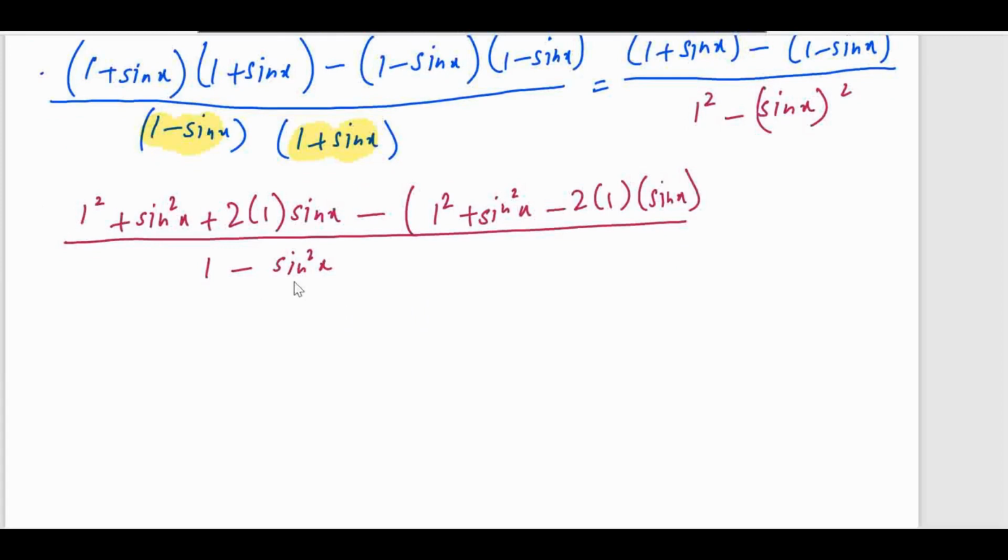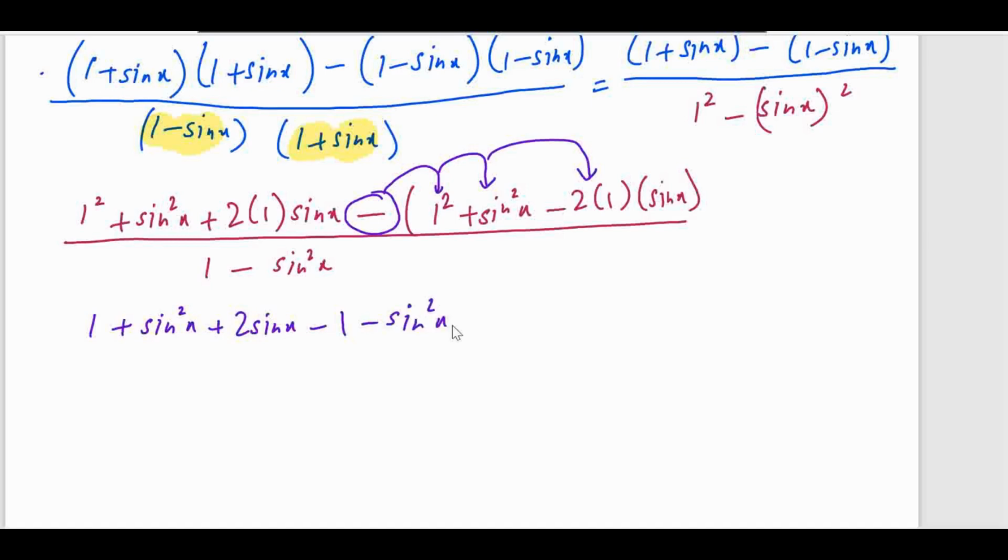Now we have to multiply this negative sign with all of these terms. It's a very important step because this is where calculation mistakes mostly happen. So this will be 1 plus sine square of x plus 2 sine of x, minus 1 minus sine square of x plus 2 sine of x, whole divided by 1 minus sine square of x, which is equal to cos square of x. So this will be cos square of x.